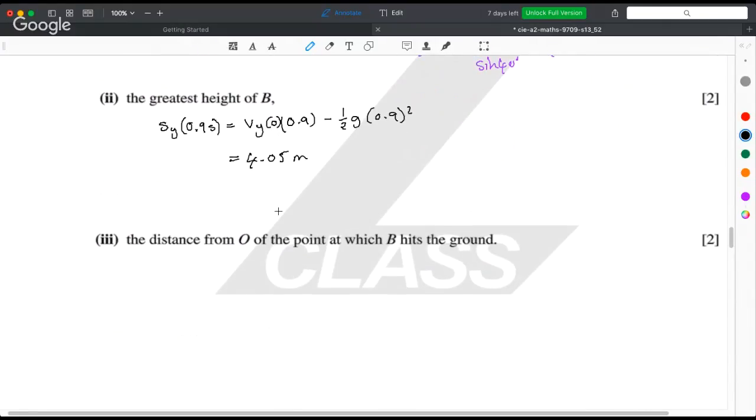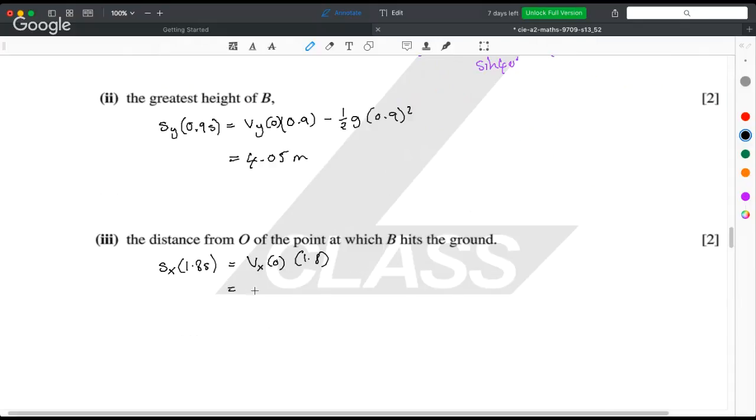Okay, now we want the distance from O of the point at which B hits the ground. So this is going to be the x distance at the full time at 1.8 seconds. That's going to be Vx at 0 times 1.8. There's no acceleration in the x direction, so that's just it. There's no need to subtract a 1/2 AT squared.